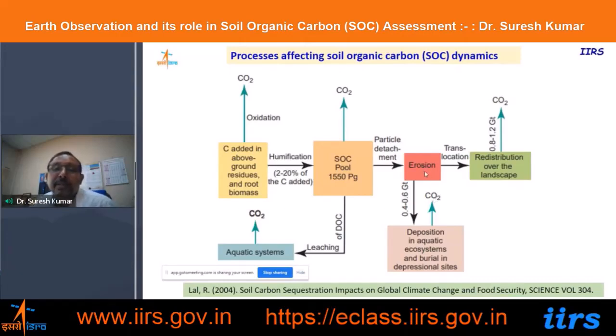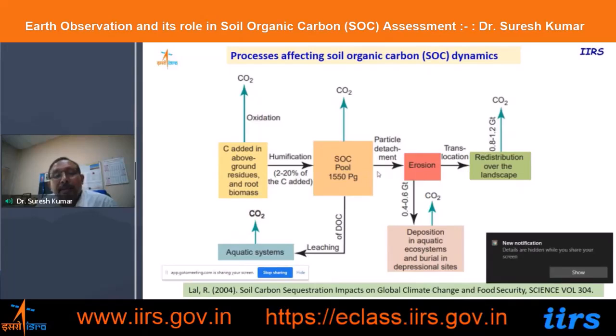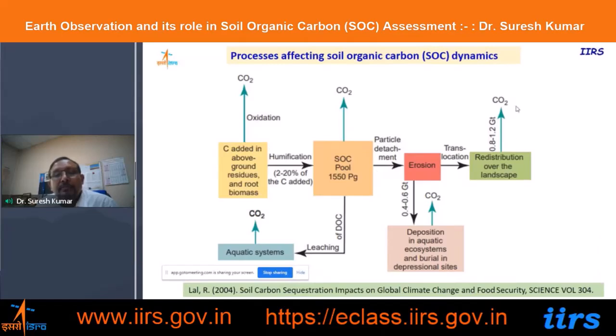So erosion is a major land degradation process affecting the release of soil carbon into the atmosphere by oxidation in the form of carbon dioxide gas.